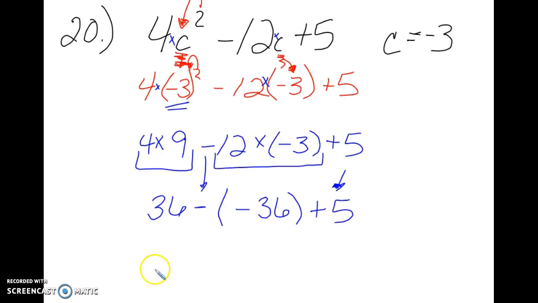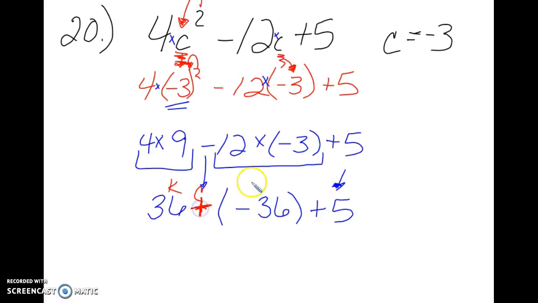Keep, change, flip. Keep 36, change to addition, and flip to its opposite. So 36 plus 36 is 72 plus 5. The answer was 77.